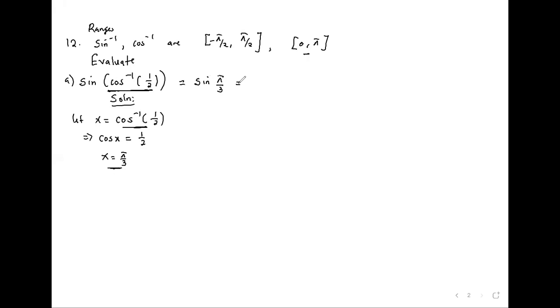Sine 60 is root 3 over 2. This is it, because we said this whole thing is equal to x, and we have found x to be pi over 3. So that is what we get there.